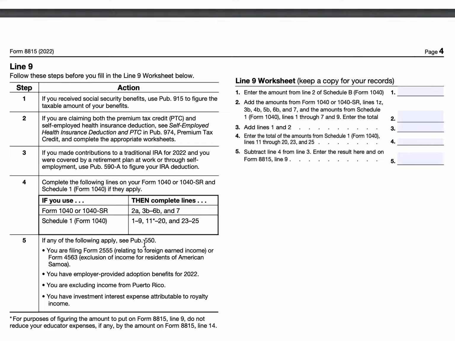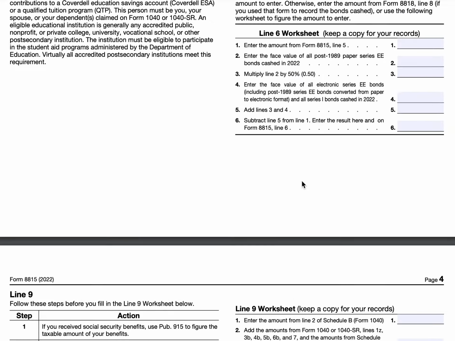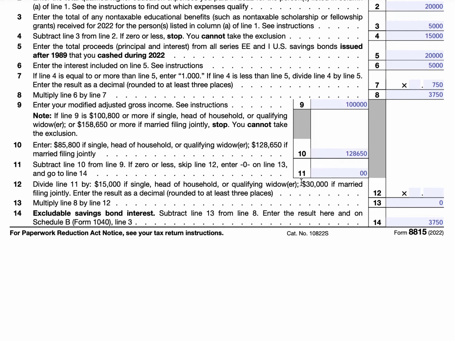You're going to have to go through all of those steps, account for those before you begin work on the Line 9 worksheet. If none of those steps apply to your situation, then you can just go straight through the Line 9 worksheet, and once you come up with this number, you'll put that into Line 9 itself. And again, this is your modified adjusted gross income.